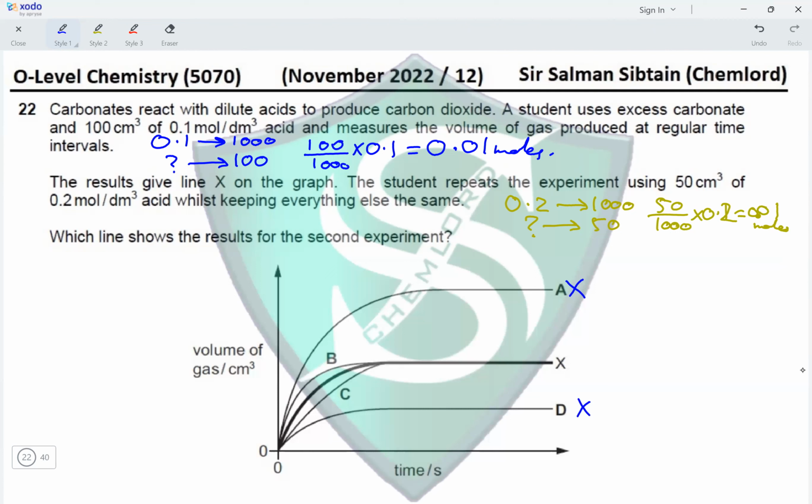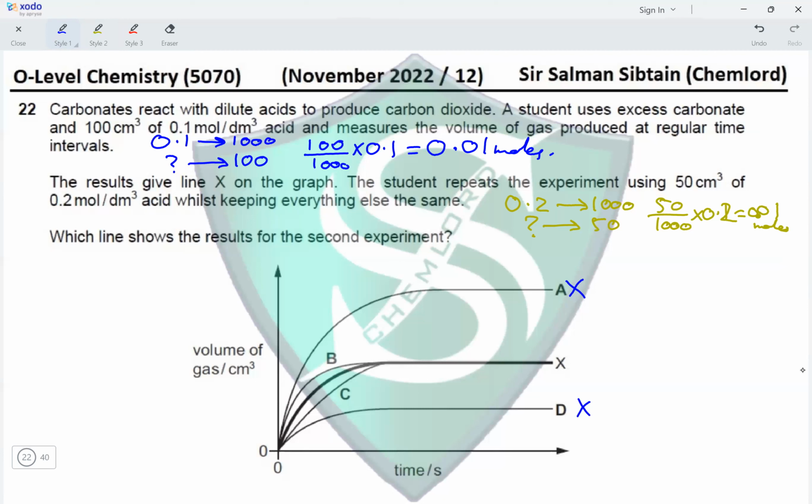So the correct answers are either option B or C. Option B is producing the same volume of gas in a lower time period, and option C is producing the same volume of gas in a higher time period, which means option B is faster than X and option C is slower than X.